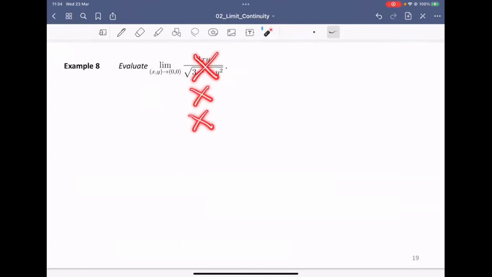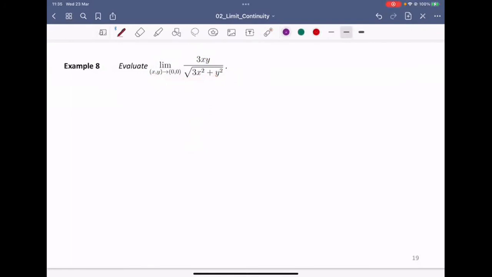If you're trying to pick the line, try x equal to 0, y equal to 0, x equal to y. Any basic line is going to give you all 0. At the end, it's going to force you. Before you use the squeezing theorem, you should try other methods already. You spend maybe 2 or 3 minutes to think of other methods, and you feel like, at the end, I always get the limit equal to 0. So it's going to come to this technique.